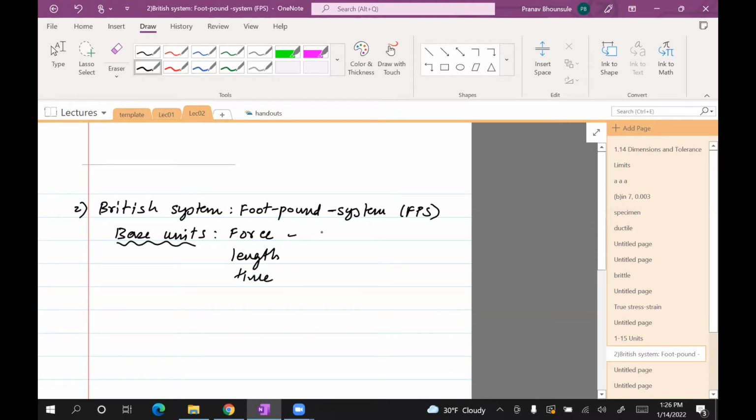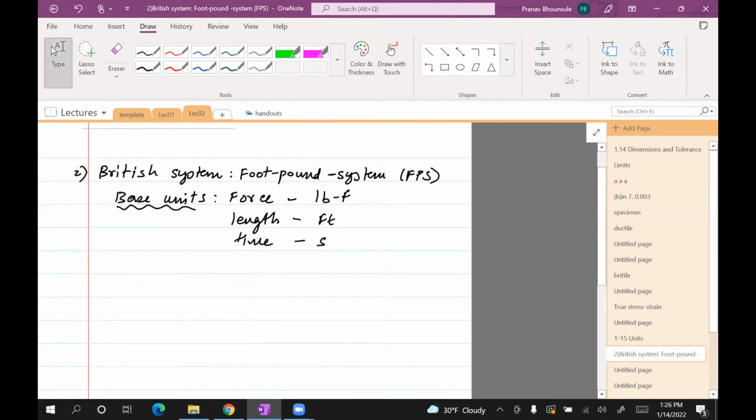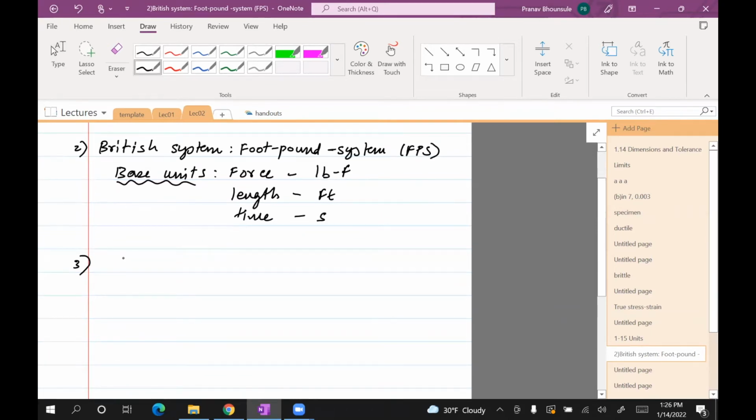For force, we use pound force, lbf. For length, we use feet, and for time, we use seconds. Given that, we can derive the units of anything based on these three. The third one, which we use sometimes in this course, though rarely, is the inch-pound system.